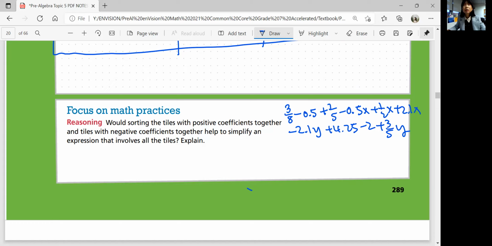Or you can disagree with that. You can say, no, it wouldn't really help because there would be two different variables, even if you sort it that way. So you'd have to sort a little bit more specific, maybe just the negative coefficients, or maybe just the negative constants, and positive constants and positive variables.